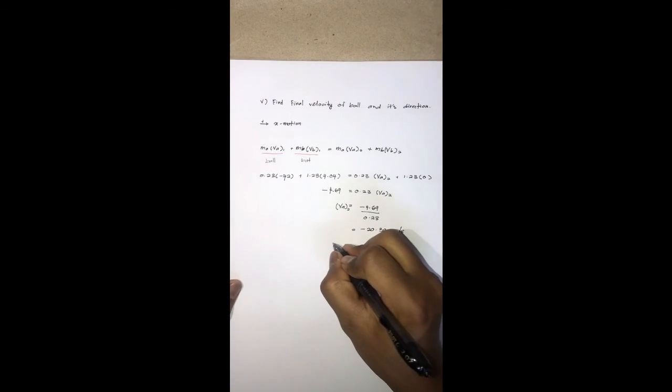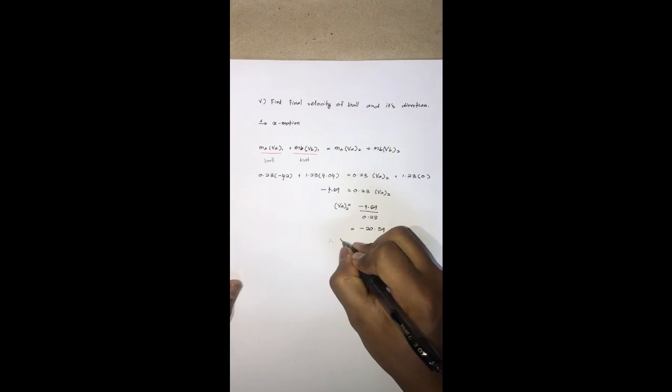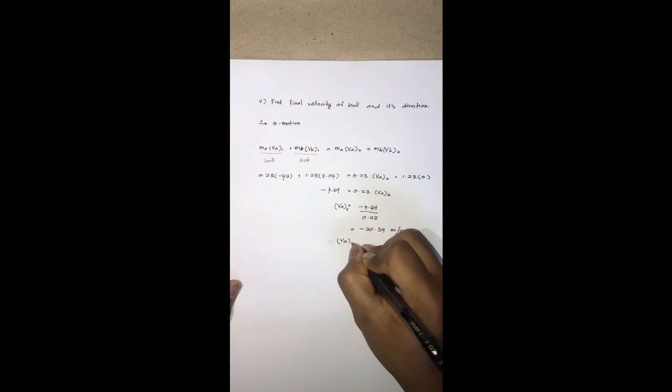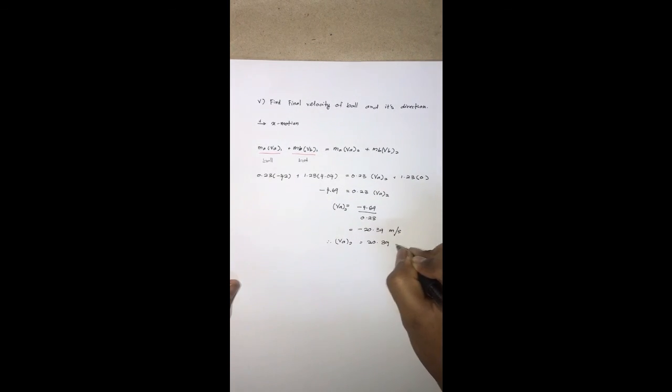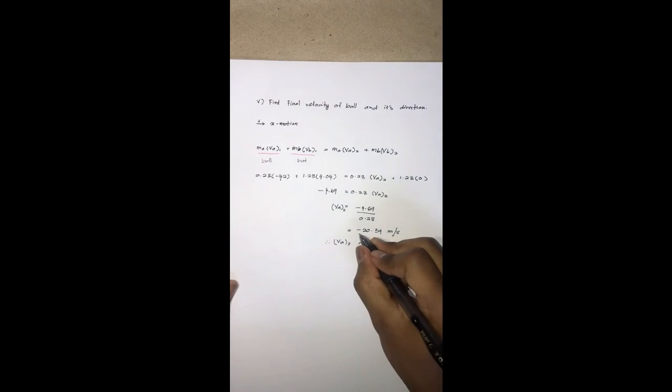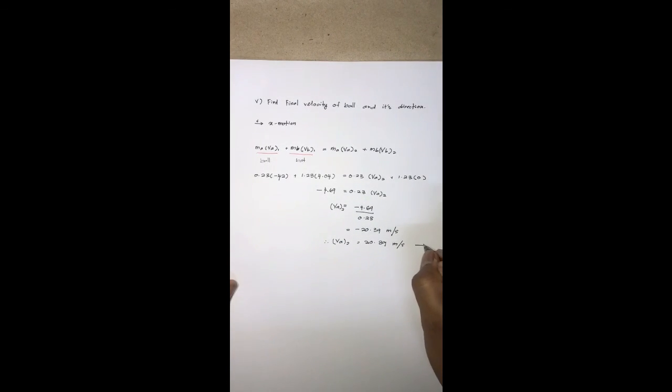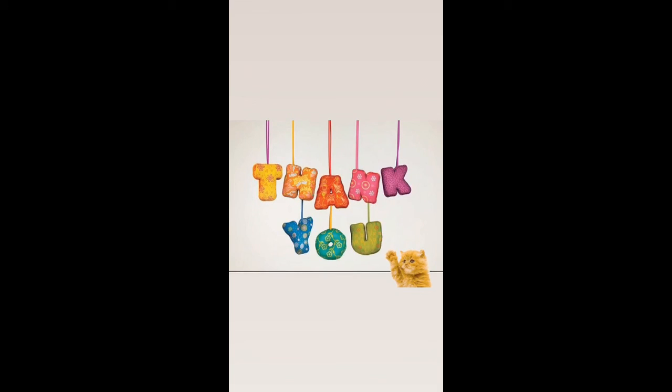The answer is a negative value, so the velocity of the ball is actually in the opposite direction. Today we have solved the question on the principle of impulse and momentum. We have settled all the questions, and thanks for watching.